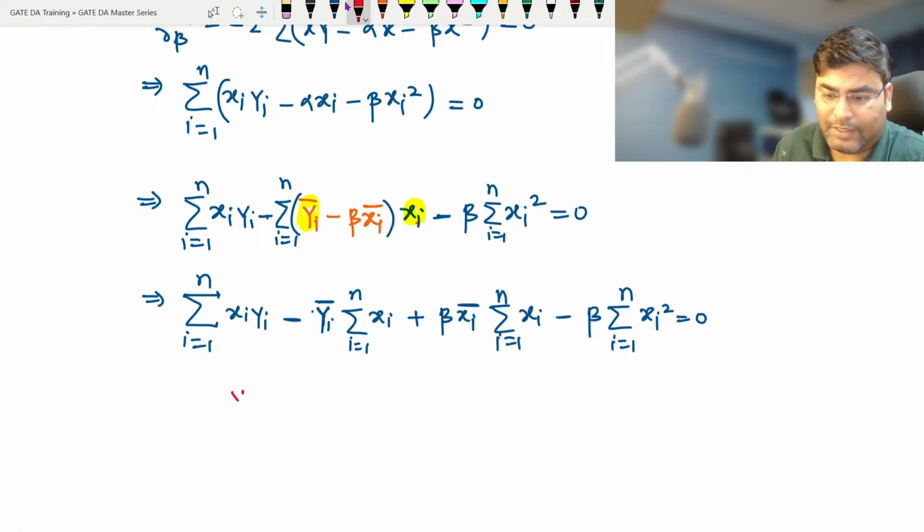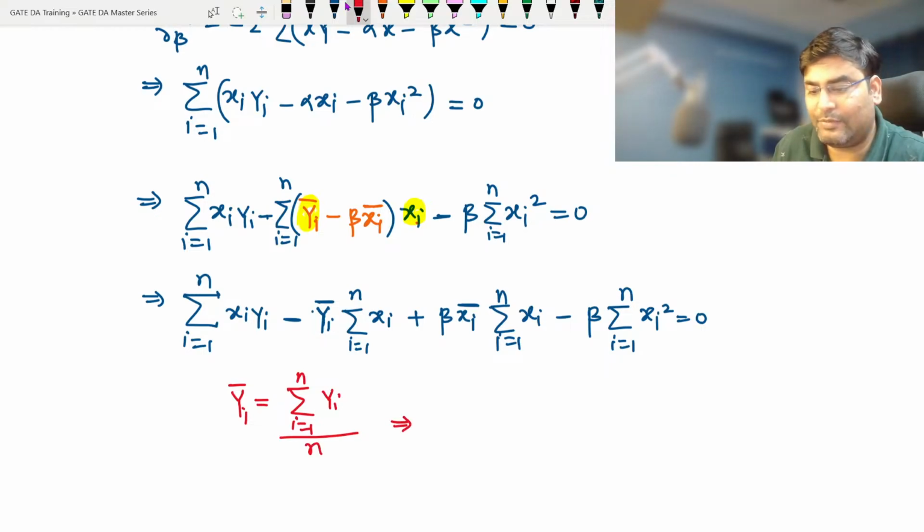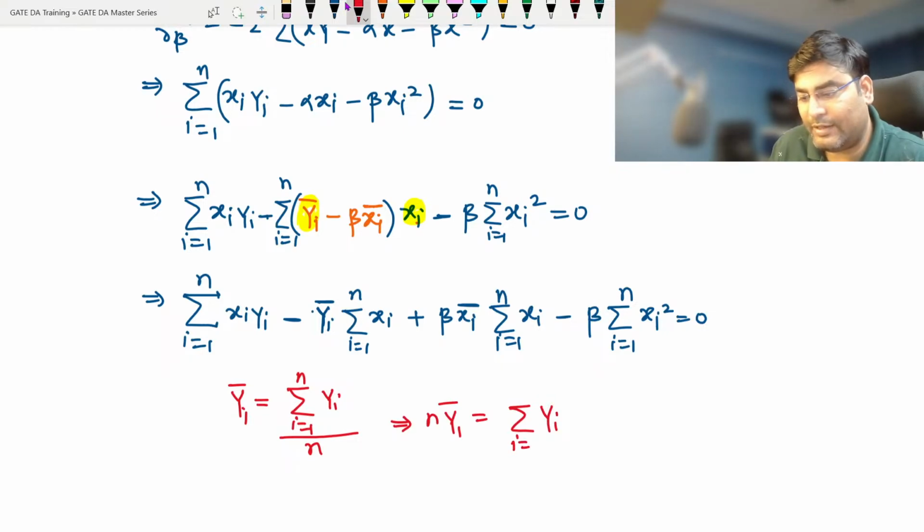Let me come back. What is y bar? So y bar is the sum of yi, i equal to 1 to n, divided by n. So then mathematically it becomes n y bar can be written as the sum of yi, i equal to 1 to n.